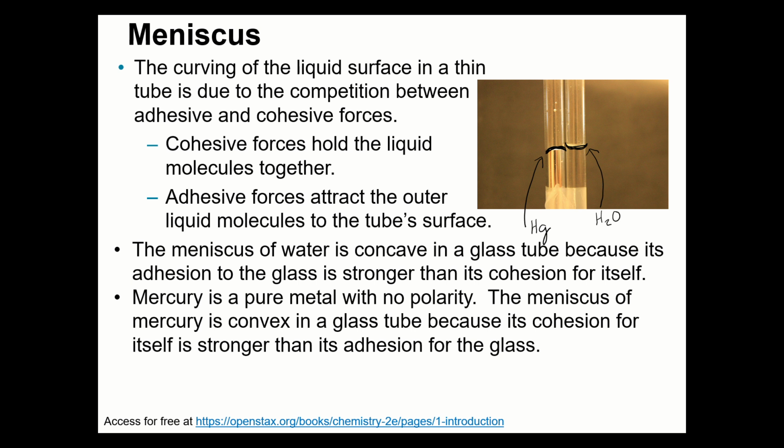And this is based on the attraction to the glassware itself, right? Mercury is nonpolar, and so it's not going to be attracted to that glass tube. But water, with its attraction to the glass tube, is going to cause that to curve upwards so that those liquid molecules are attracted to that glassware and sticking to it rather than to the water itself.